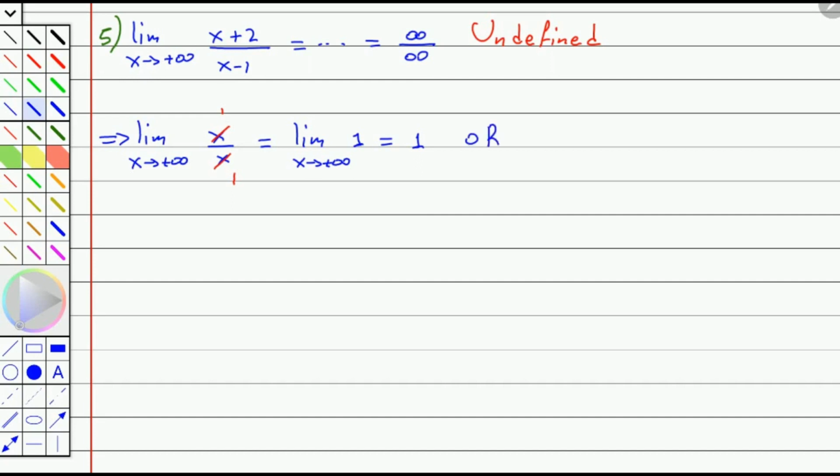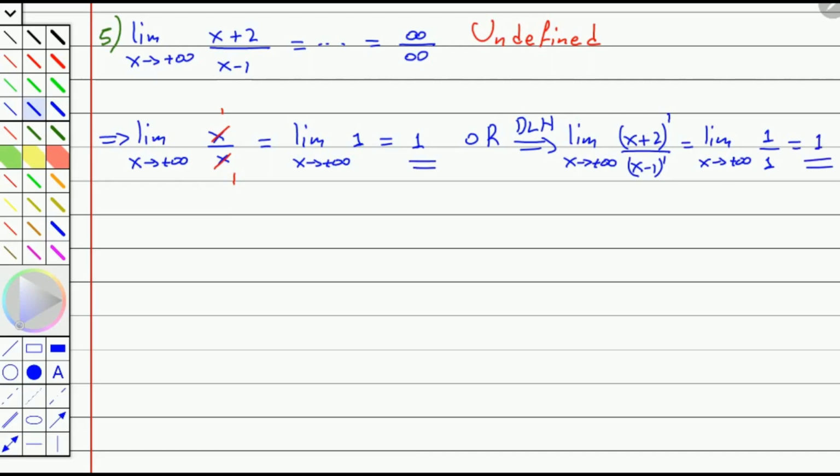Or we can use DLH, which is the limit as x goes to positive infinity of the derivative of x + 2 over the derivative of x - 1, which is the limit as x goes to infinity of 1 over 1, which also equals 1.